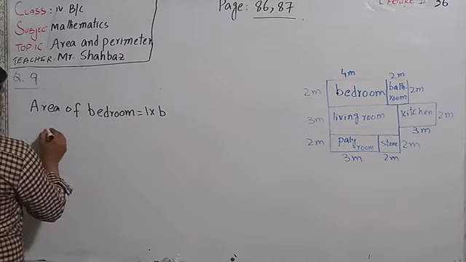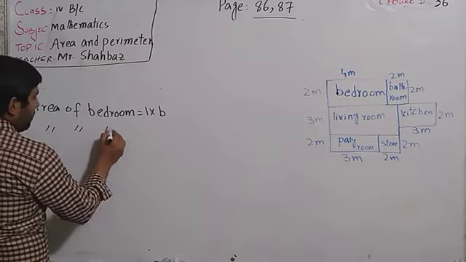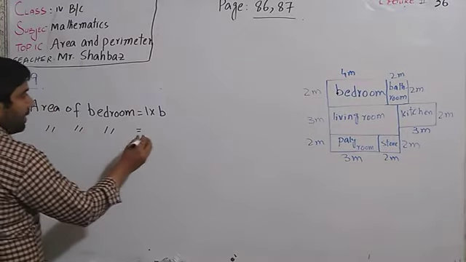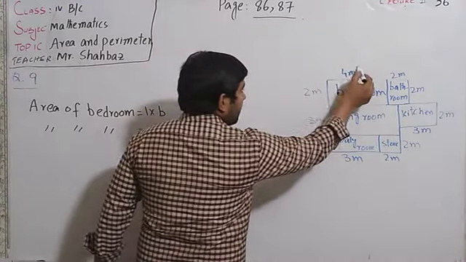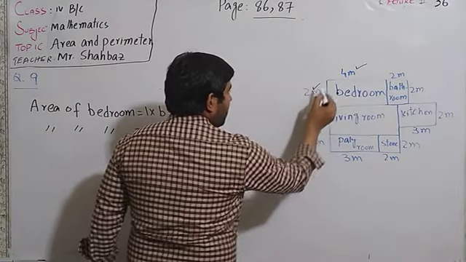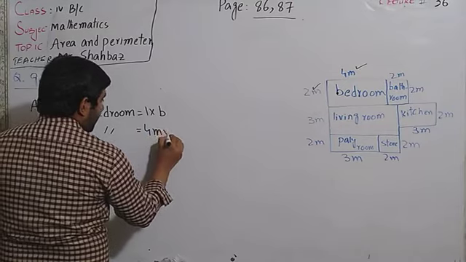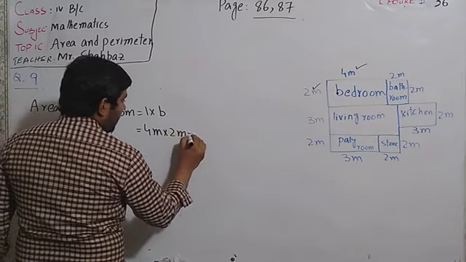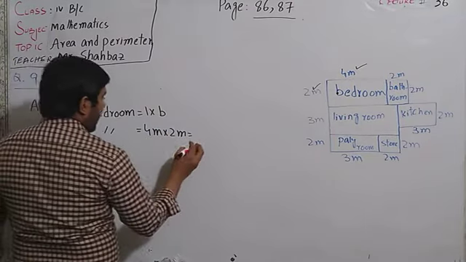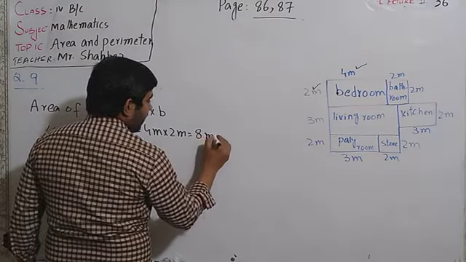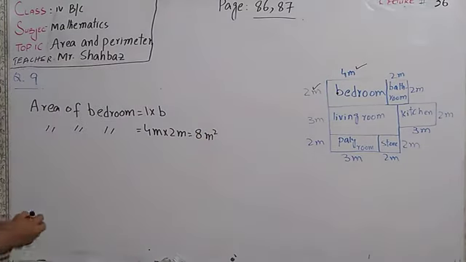The length is 4 meter and breadth is 2 meter. So 4 meter multiplied by 2 meter is equal to 8 meter square. This is the area of bedroom.